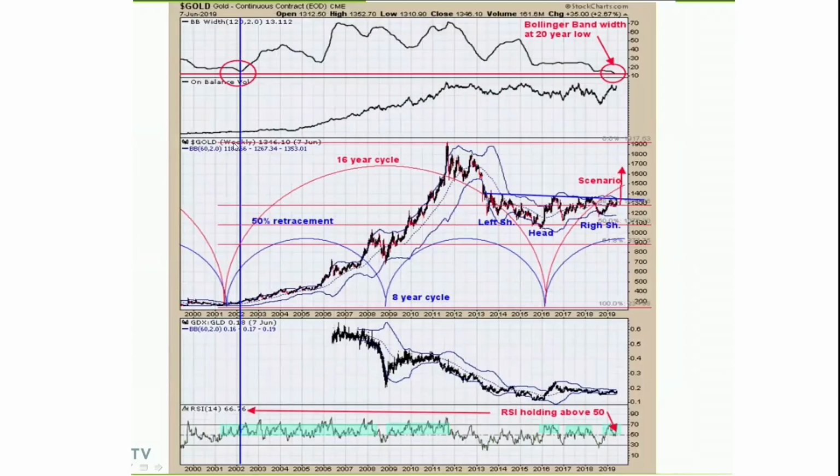This chart is a weekly gold chart. It's not the monthly, but the weekly. And if you notice, the Bollinger Band is actually at a 20-year low here. I did this chart three or four days ago. Last time the Bollinger Bands were this low came close to the 2001 lows.